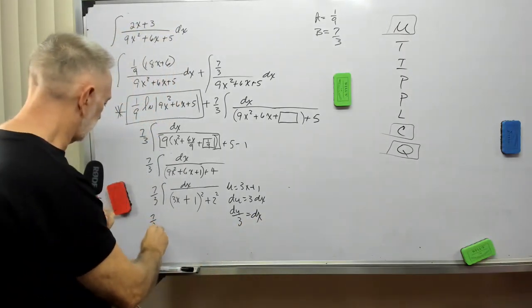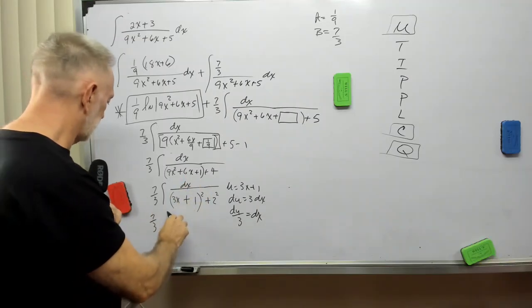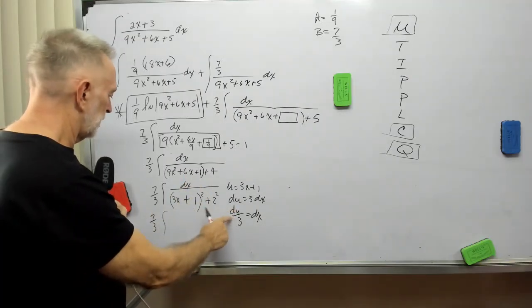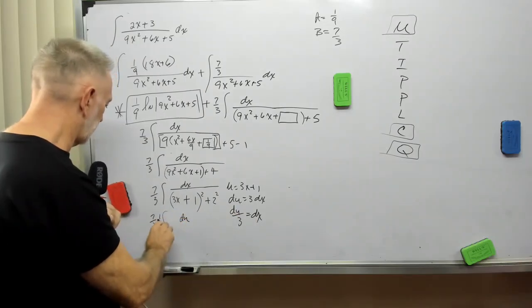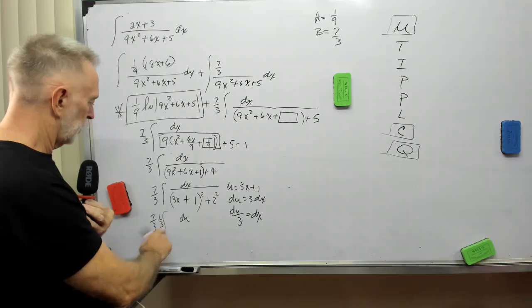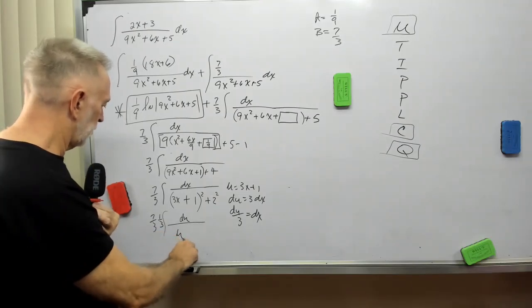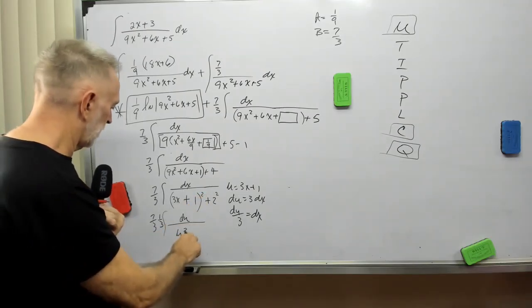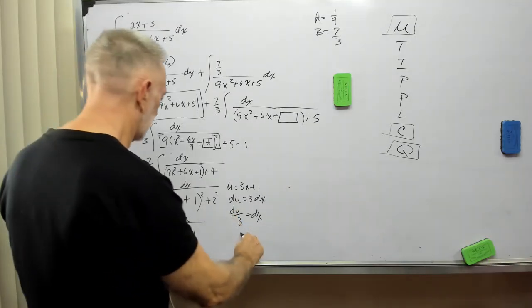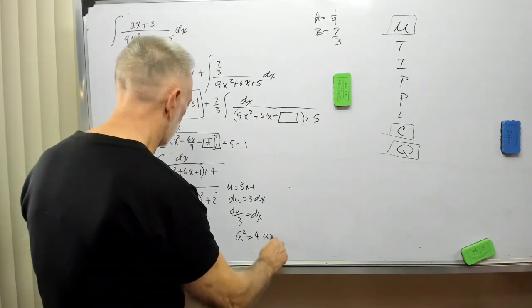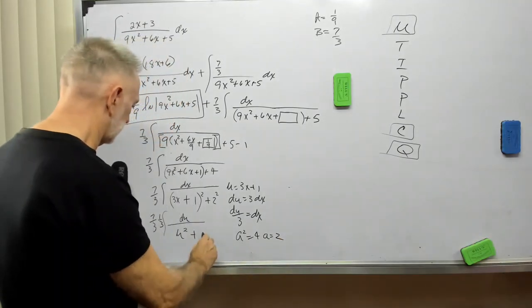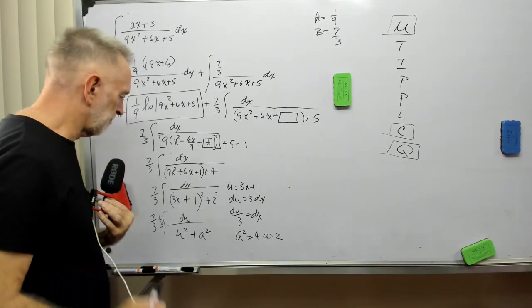So I have 7/3 times the integral, dx is now du over 3, over u squared plus, and we'll let a squared equal 4, a equals 2. So this is a squared.